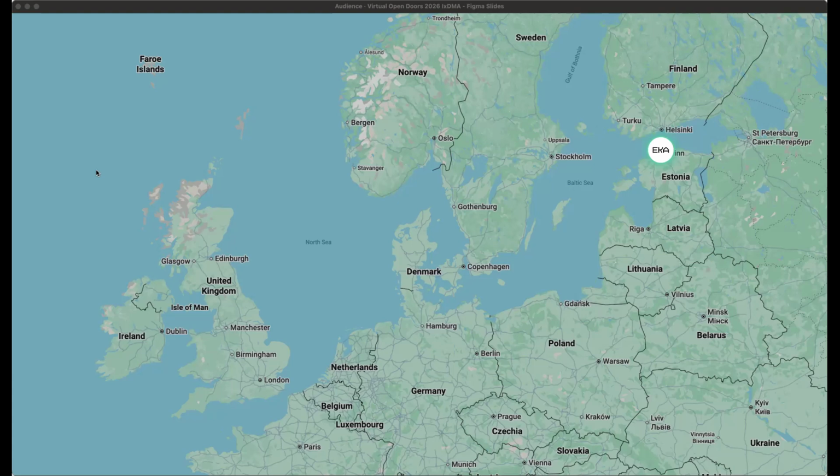Here we have the most startups per capita. Internet has been declared a basic human right. We have been voting online for 20 years now. Skype was born here, Bolt is from here, Pipedrive, Wise, and many other global startups, which is maybe not a bad thing for a small country of just 1.4 million people.